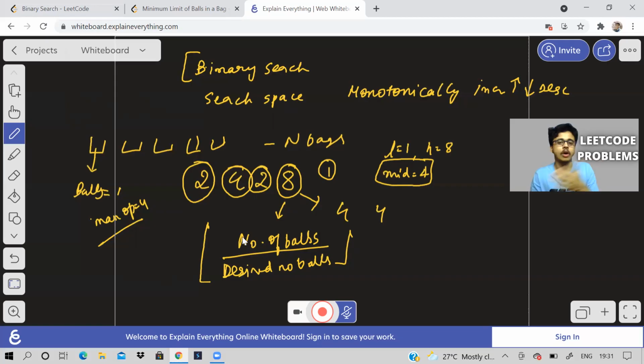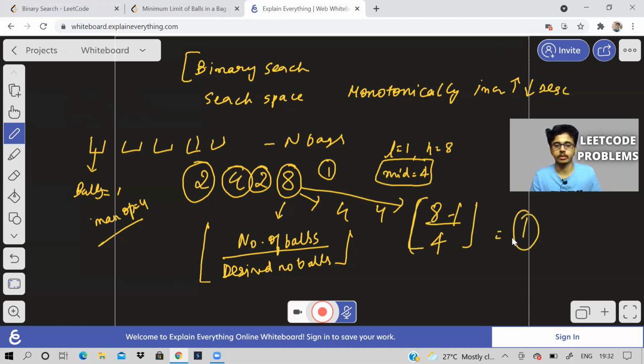So in this example, we'll do 8 minus 1 by 4, which is equal to 1. I think I told it wrong. It's not about odd numbers, because we just want to know how many operations are to be done.